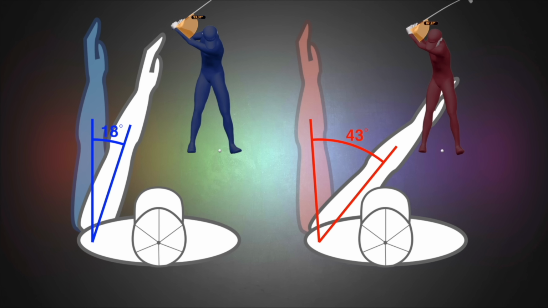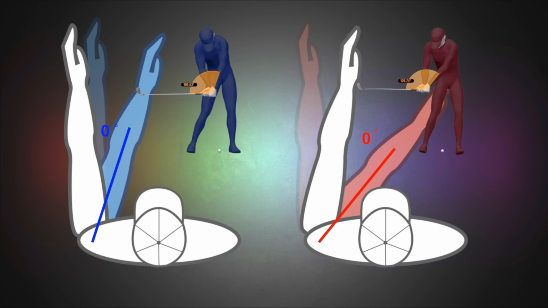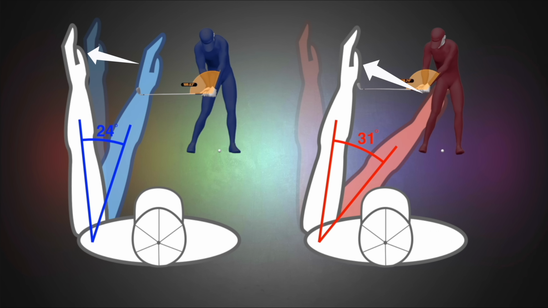Now if we look at these golfers as they go from the top of the golf swing down to that magic spot when the shaft is parallel, the beginning of the delivery phase, we're going to see a big difference here. So the white arm indicates where they currently are. The faintest of those arms was the address position. The next, red for the amateur, blue for the pro, is where they were at the top of the swing.